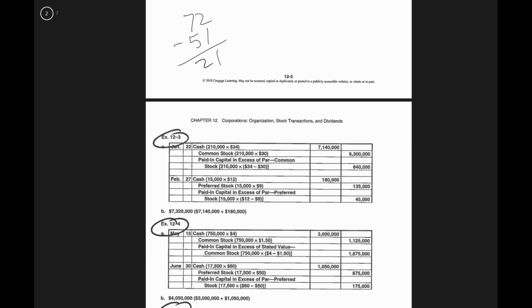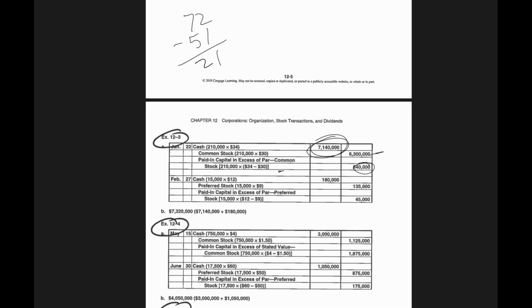So the first one, we record common stock at par. Common stock is the 210,000 shares at the $30. In this case, they issued them for $34, so there's another $4 that's going to go to APIC, or paid in capital in excess of par. So 840 grand for the total cash of 7.14 million.